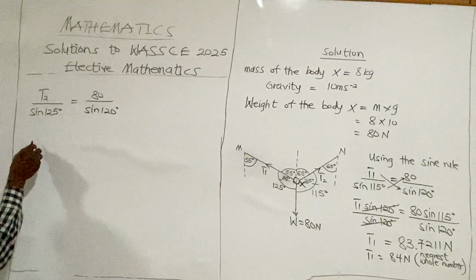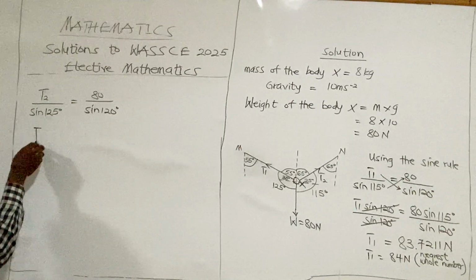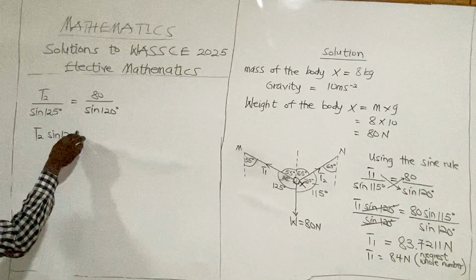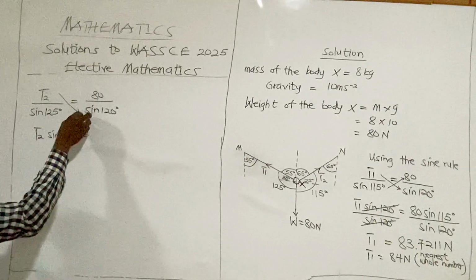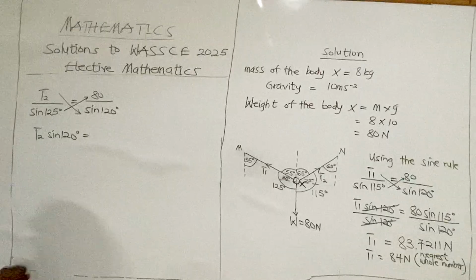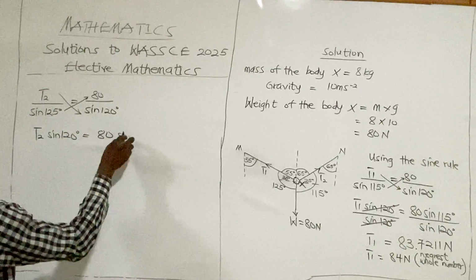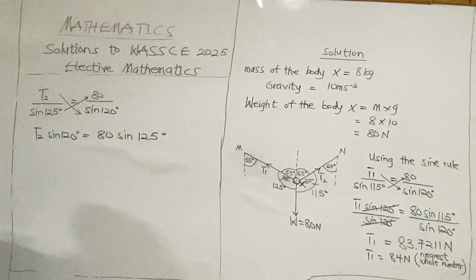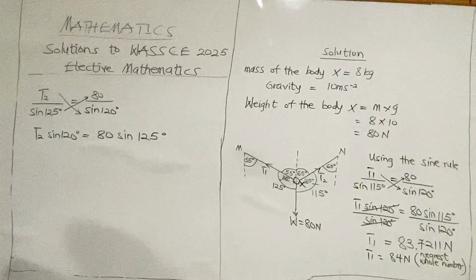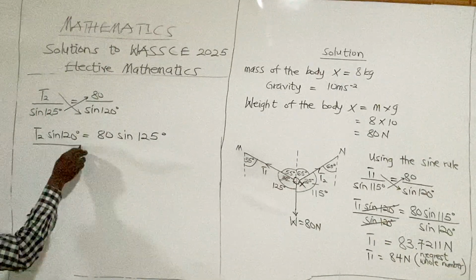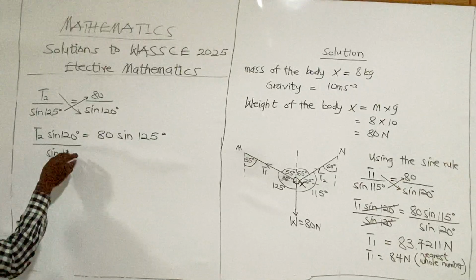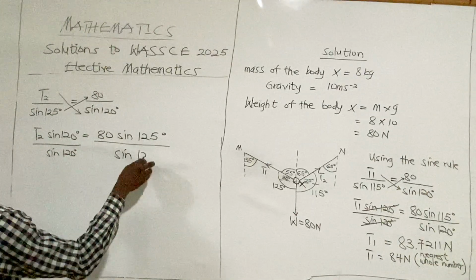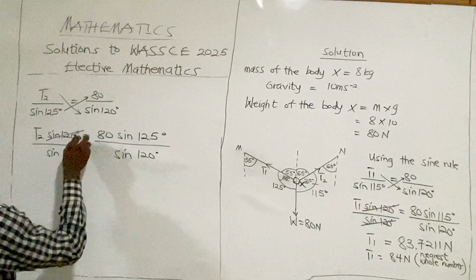So now after cross multiplying, T2 sine 120 degrees is equal to 80 sine 125 degrees. So from here we are going to make T2 the subject. So I divide here by sine 120 degrees, here by sine of 120 degrees. This will cancel this.